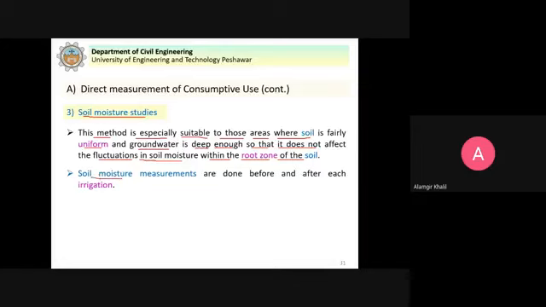Soil moisture measurements are done before and after each irrigation.